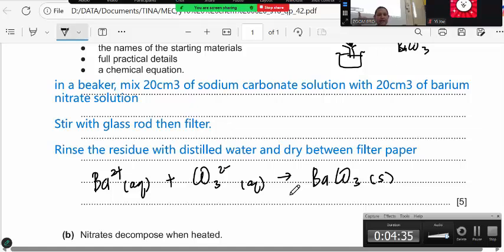Can understand? Yep. So the questions are very standard. Remember, IG is very straightforward. It's not very complicated.